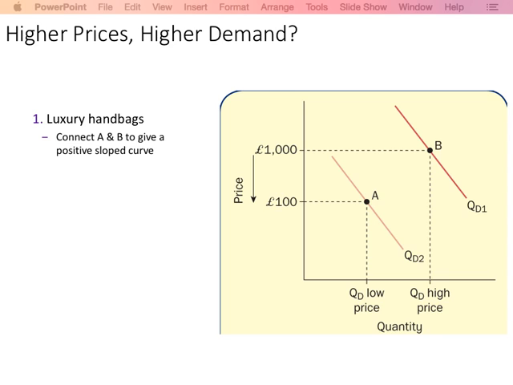Demand is increasing. What happens then is that you connect these points in a demand curve. This will be a positive demand curve because these two are negative. But if you connect these two points, given this logic that increasing the price leads to an increase in the quantity, then this will be a positive demand curve.